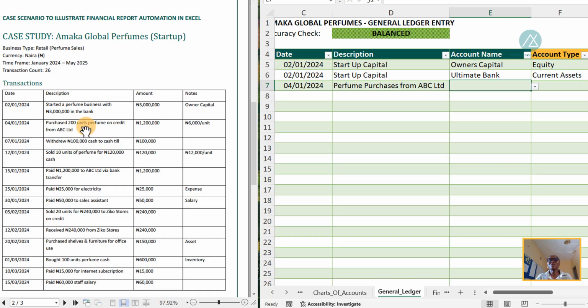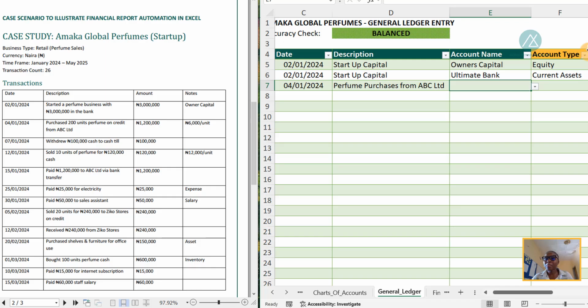So our account payable will be affected because we are owing the vendor, right? Then another account will also be affected, which is our inventory. So we are making purchases on credit. We are not paying. So because we are not paying, account payable is affected and the goods go to our inventory. Are we good?